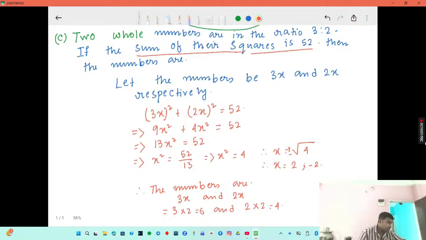Here it is given that the numbers are whole numbers, so we cannot take the negative value because whole numbers always start from 0 and run to infinity in the positive side.